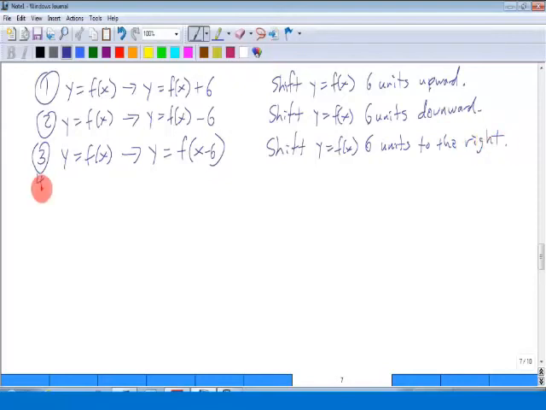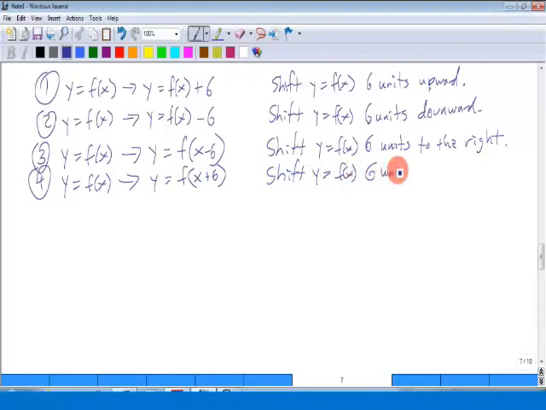On the other hand, if we have y equals f of x, and don't think add, think substitute, x plus 6 for x, wherever we see an x, we will shift y equals f of x 6 units to the left. X can get by with being 6 units less on this graph, because we're going to add 6 before we evaluate the function.